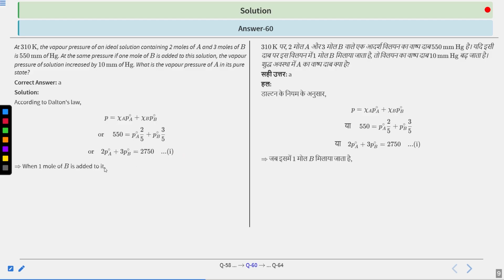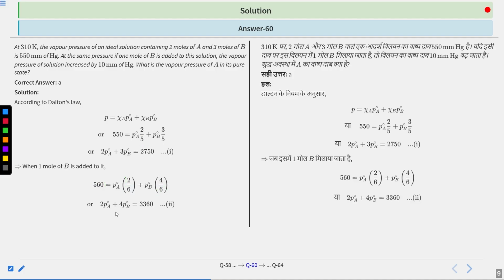Now we are adding 1 mole of B. So for the second case, the total is becoming 560. The only difference is that now instead of taking 5 here, we are taking 6. The number of moles of A is still the same, so we keep it as 2, but the number of moles of B is increased by 1, so 4 by 6, PB naught.